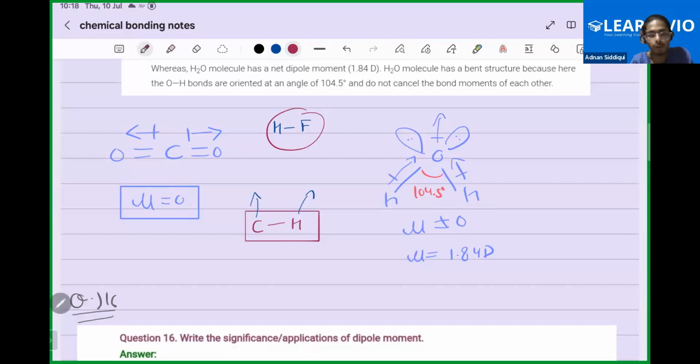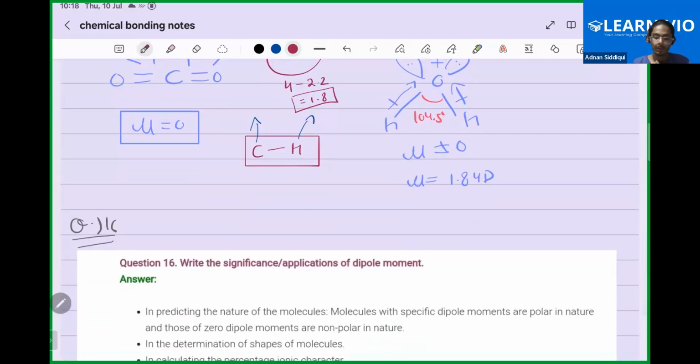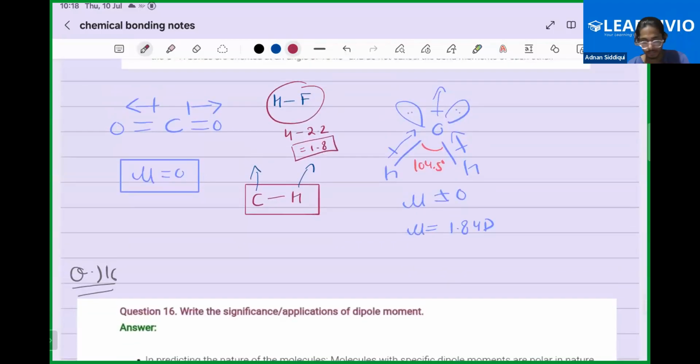What is the electronegativity value for fluorine? It is 4. Okay, four.